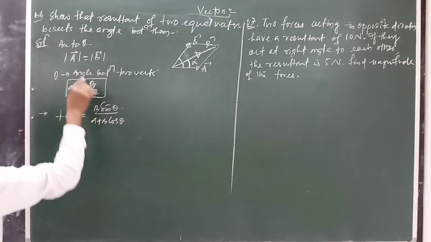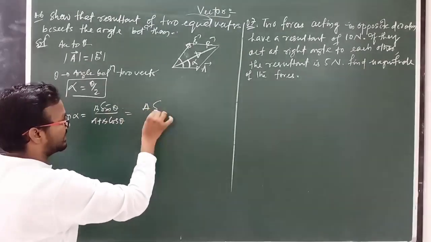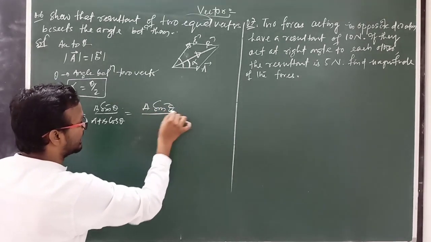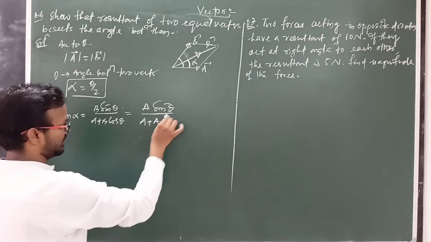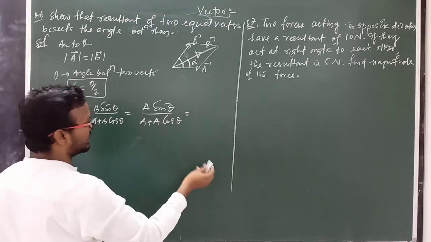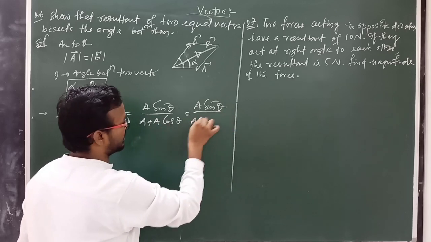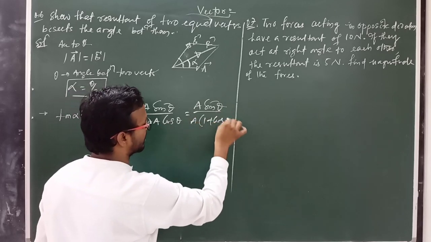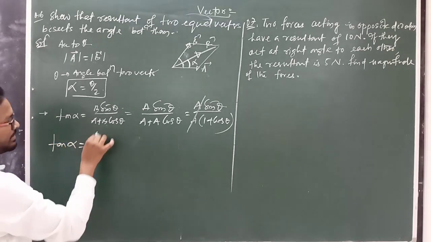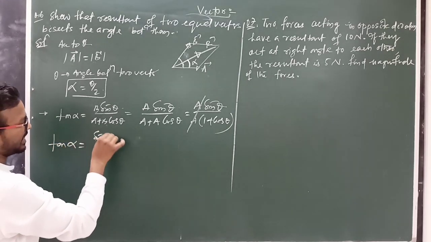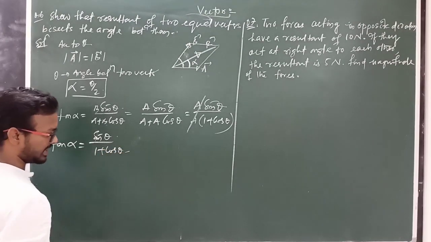And because the magnitudes of A and B are equal, we can write A sin theta divided by A plus A cos theta, then A sin theta divided by, if you take A common, A times 1 plus cos theta, A cancels, so that tan alpha equals sin theta divided by 1 plus cos theta.